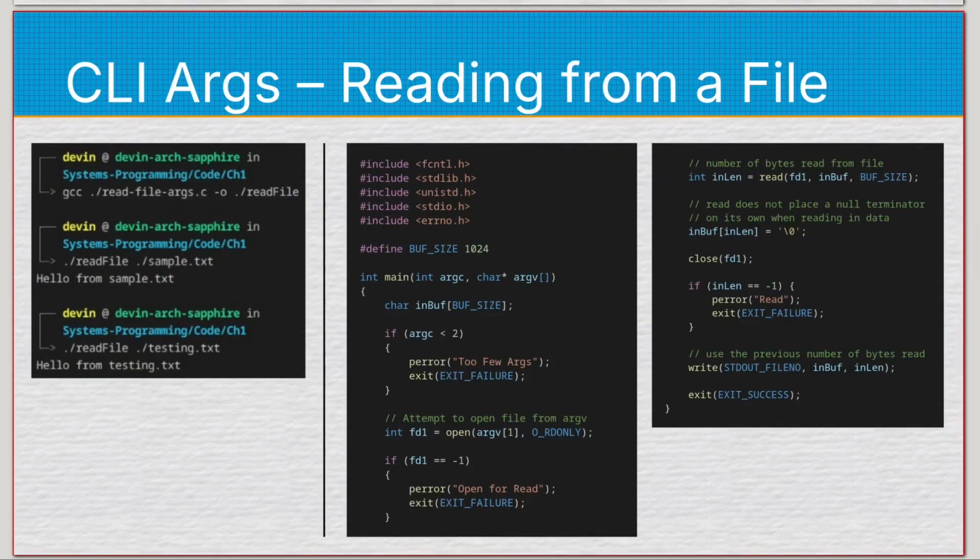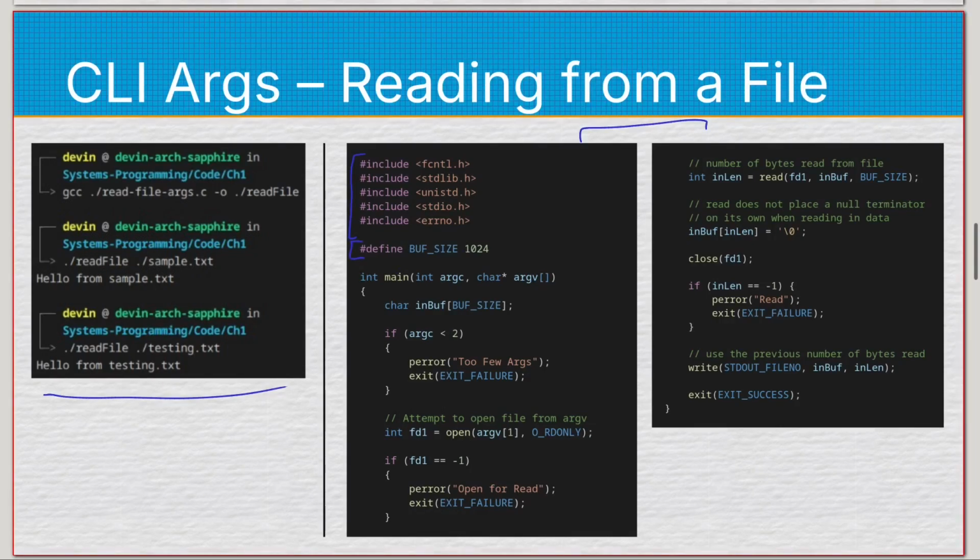So I have here an example of reading from a file. On the left side, over here, is the actual interface of the file, and on the right side in these 2 blocks here, that is going to be the actual program itself. Let's just look at the actual code itself first. I have all my standard headers and whatnot.